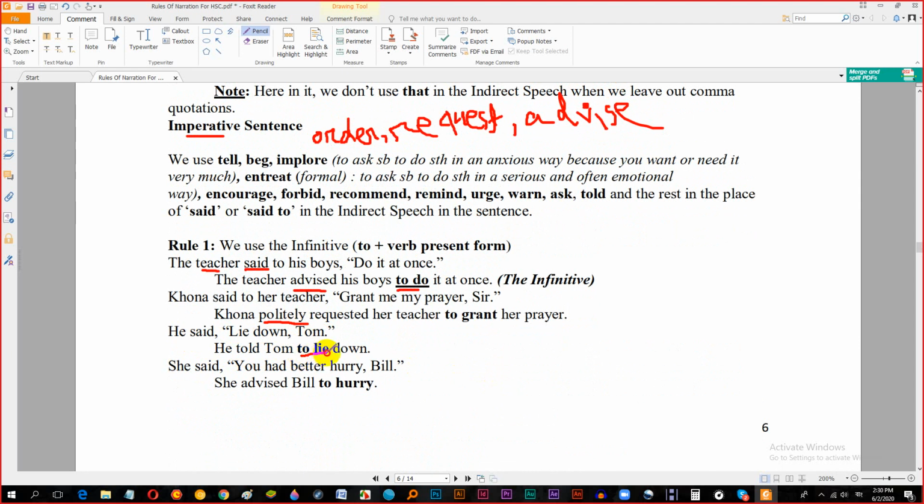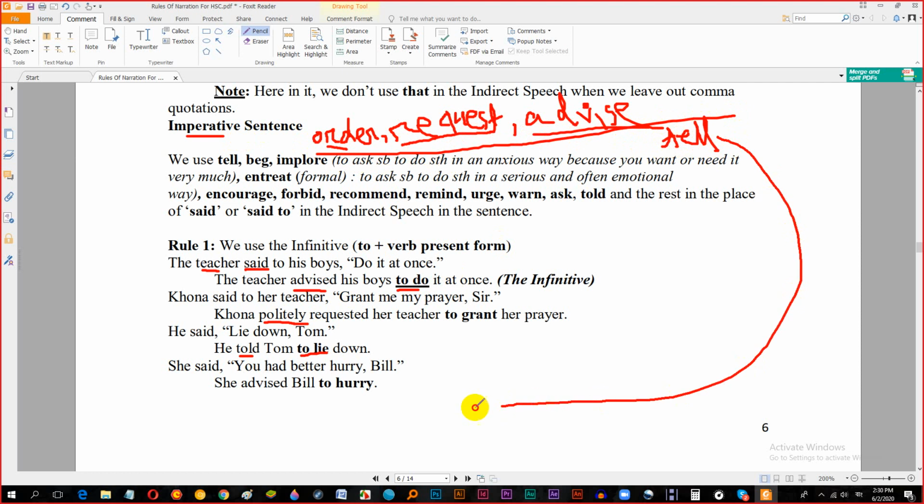Now here is another thing. By reading the sentence, we cannot understand whether it means order, request, or advice. So what can we do? Our easy solution at that time is to use tell, that means told, in this type of case.